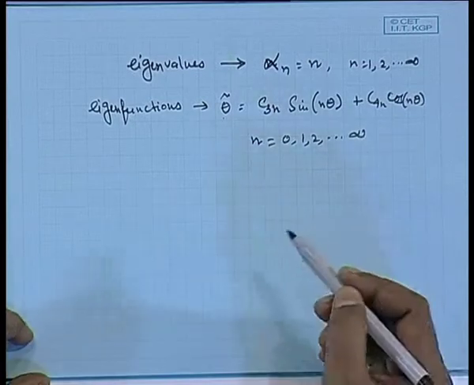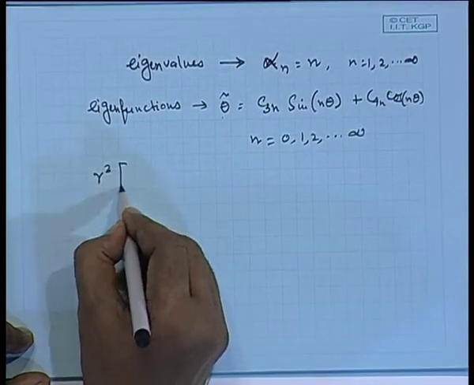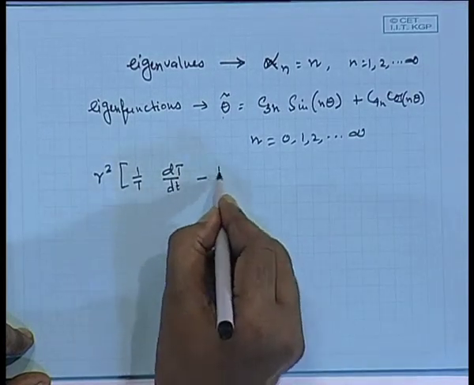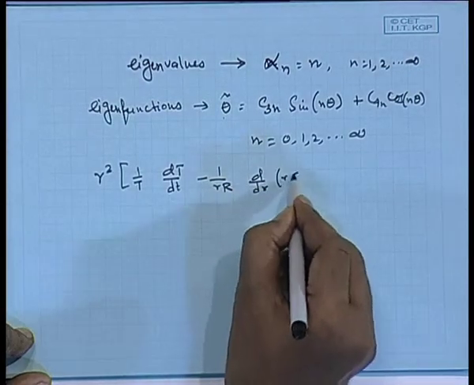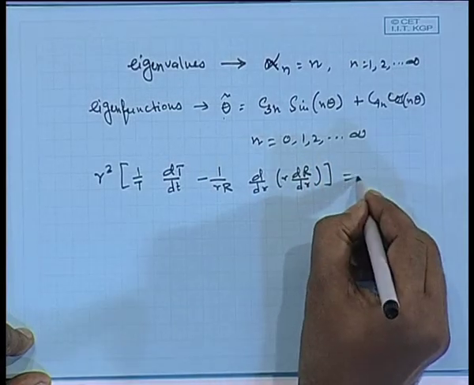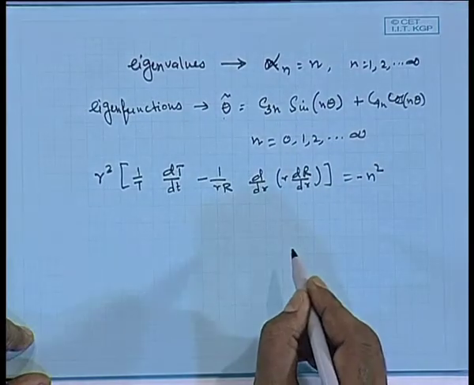Now, let us look into the radial variation and the time variation part. r square times 1 over t dt minus 1 over r d dr r dr, and this constant was alpha n, which was n. So, it will be minus n square.